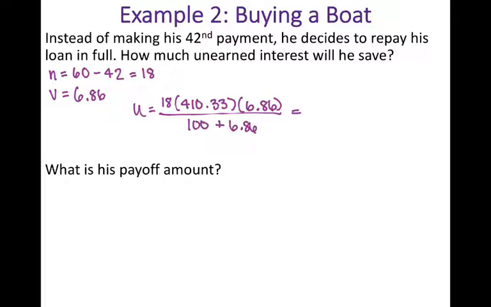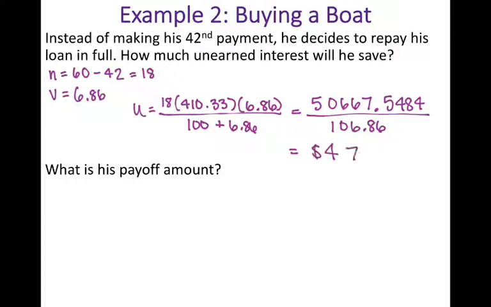All right, so I'm going to put that into my calculator. So I have 18 times 410.33 times 686 gives me a very big number, 50,667.5484 divided by 106.86 is $474.15.